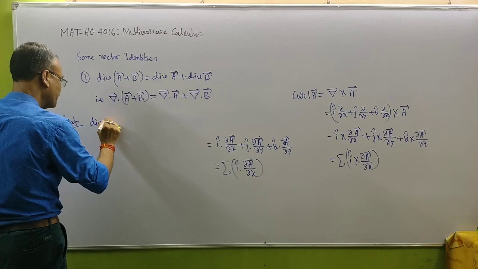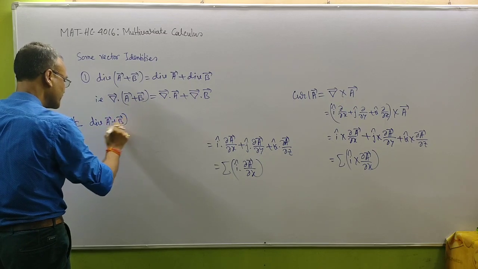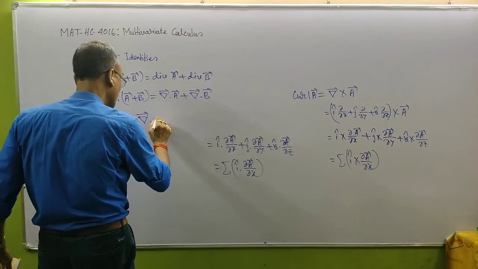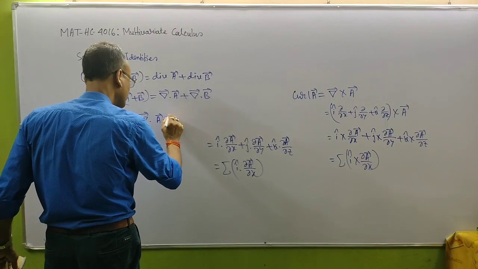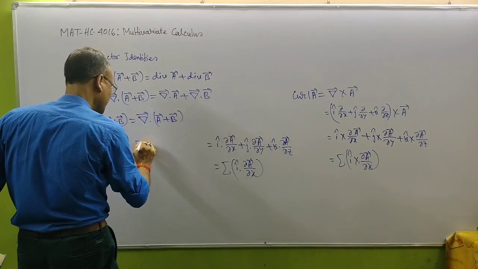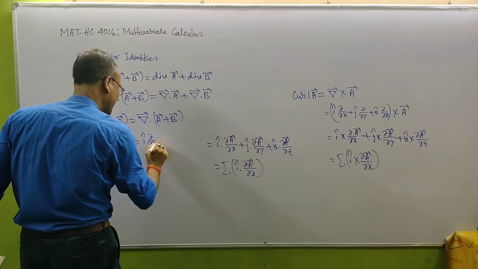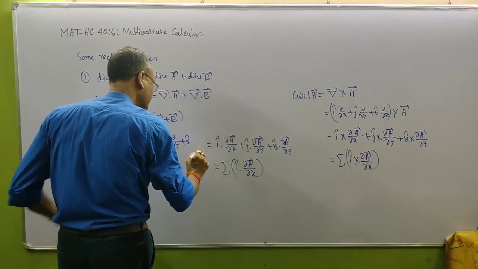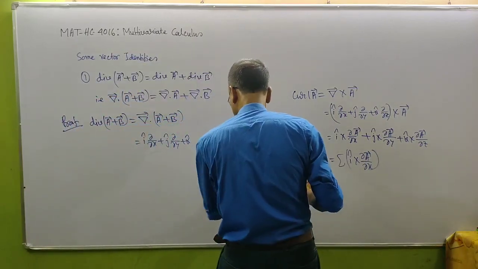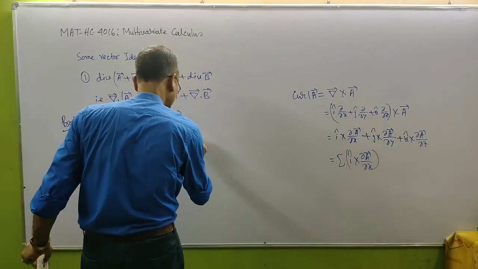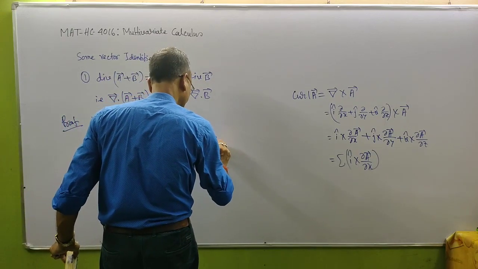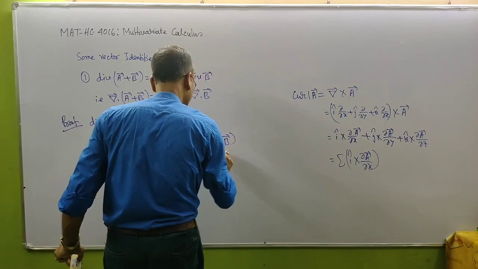Proof. Divergence of A plus B, or in notation, nabla dot (A plus B), or you can write (i cap ∂/∂x plus j cap ∂/∂y plus k cap ∂/∂z) dot (A plus B).